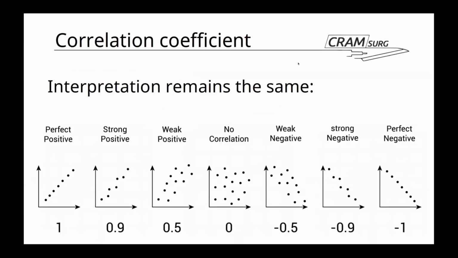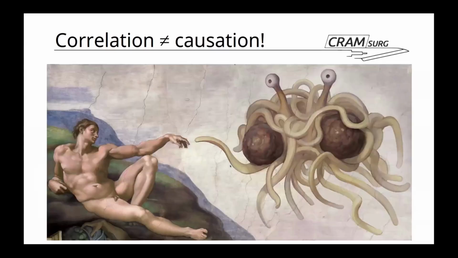The interpretation of the result remains the same. So, 1 is a pretty much perfect positive, 0.9 strong positive, 0.5 weak positive, and so on. So you interpret the result in the same way, but the result you get can be slightly different depending on how your points lay on your chart.